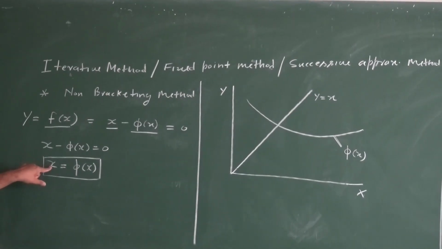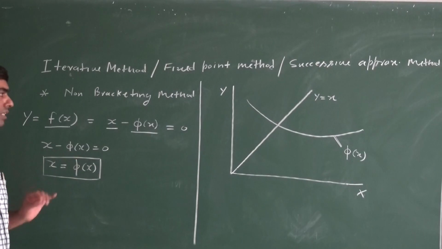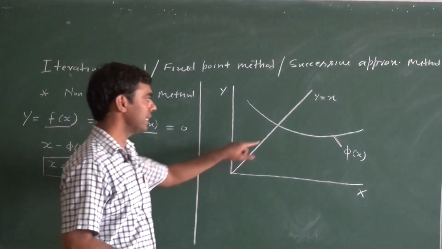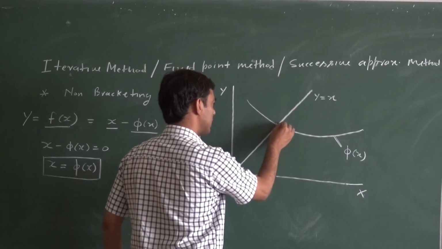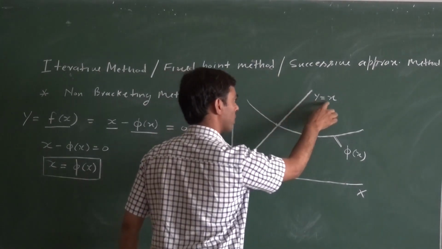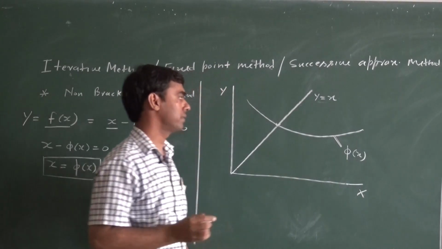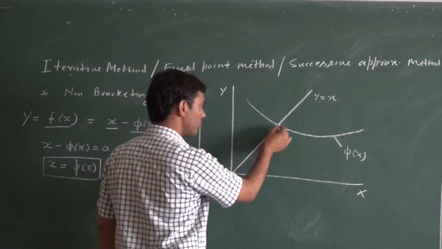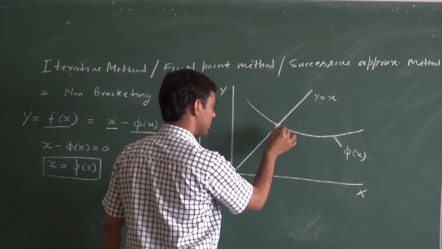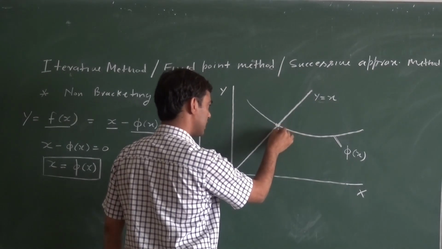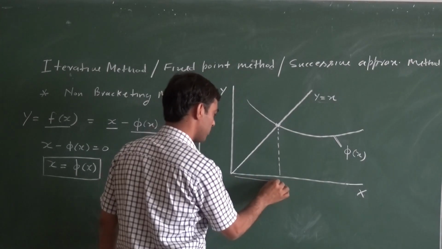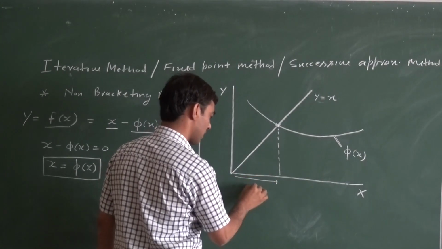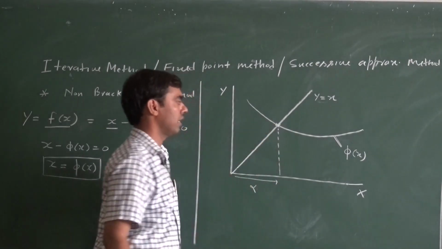If the value of the left hand side equals the right hand side, geometrically this is the point of intersection of these two functions, y equal x and phi(x). So, the root exists at this point. This point is our root, this is alpha.